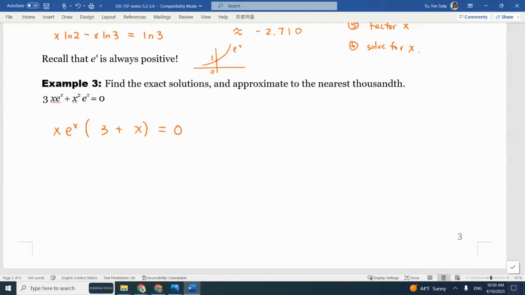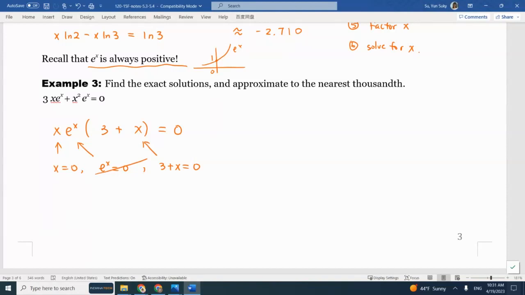So that equals 0. And now we set each factor equal to 0, right? So we have x is 0, and e to the x is 0, and 3 plus x is 0. But you know e to the x is always positive, therefore you can rule out this case. Is that okay, everybody? It won't be 0.